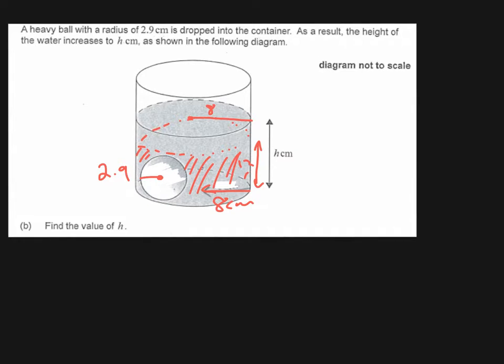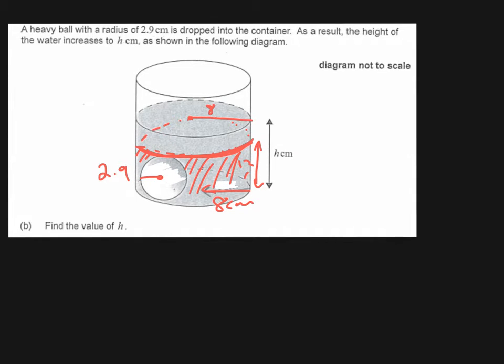So in effect, in part A, we had an amount of water in here, kind of marked by this red area here. And effectively, when you put the sphere in, that's going to displace the water and effectively force it up. So if the initial water level was here, what is going to happen is that when the sphere is placed in, that's going to displace a volume of water.